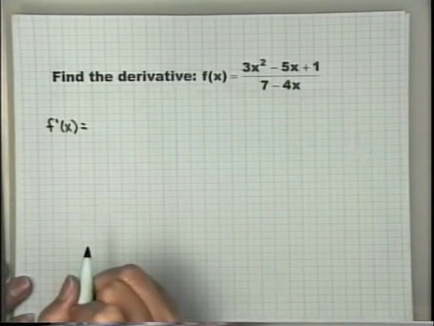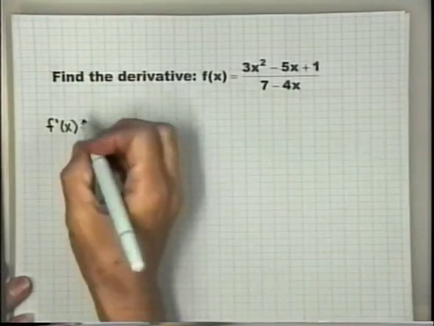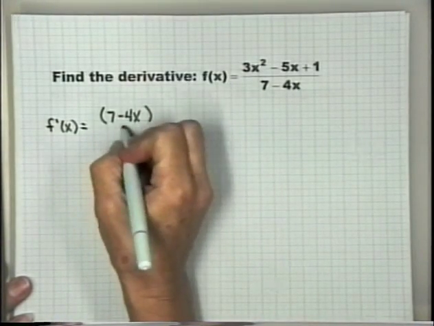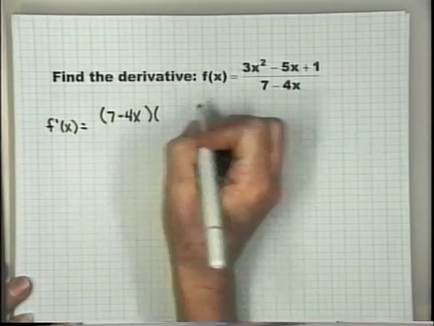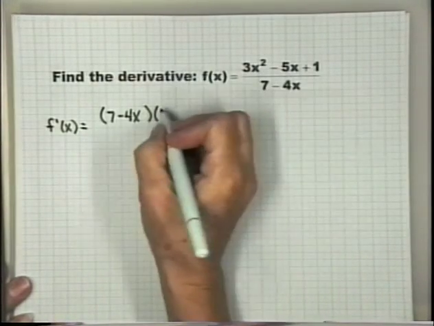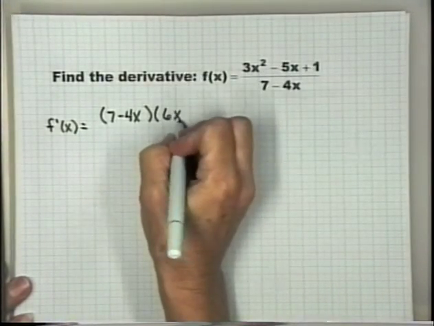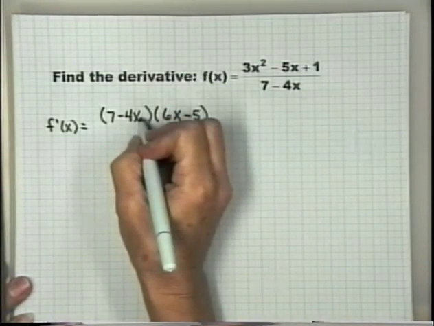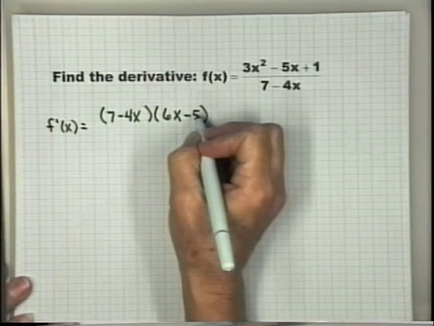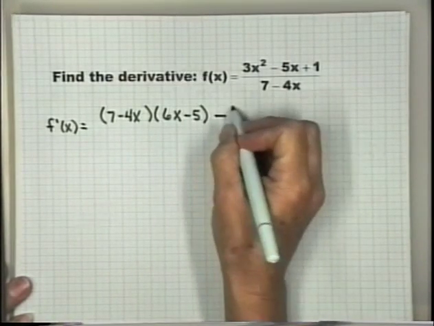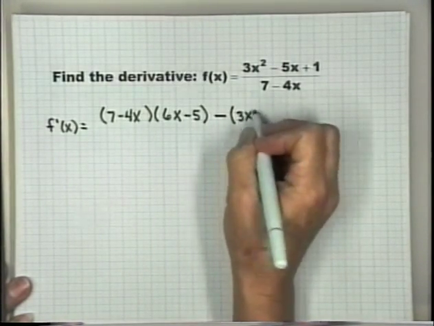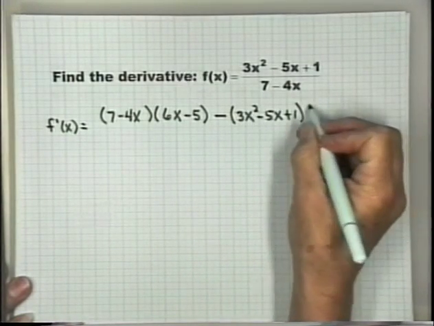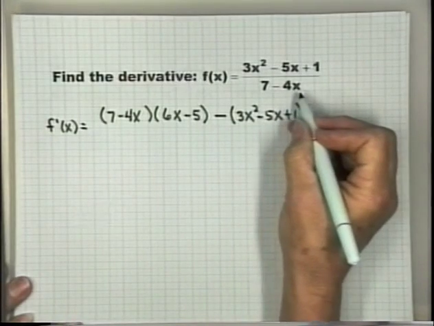It starts out denominator. Denominator is the one down here on the bottom, 7 minus 4x. Denominator times derivative of numerator. The derivative of the numerator is 6x minus 5. Denominator, derivative of numerator, minus numerator, 3x squared minus 5x plus 1 times derivative of the denominator.